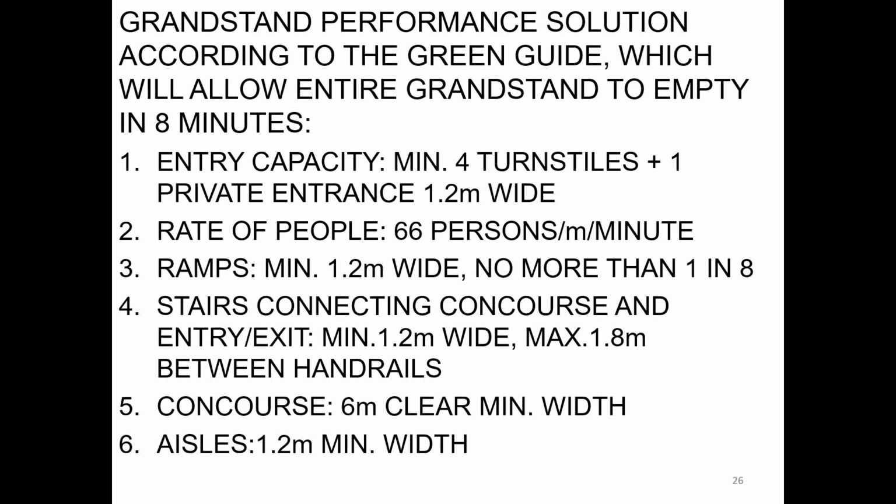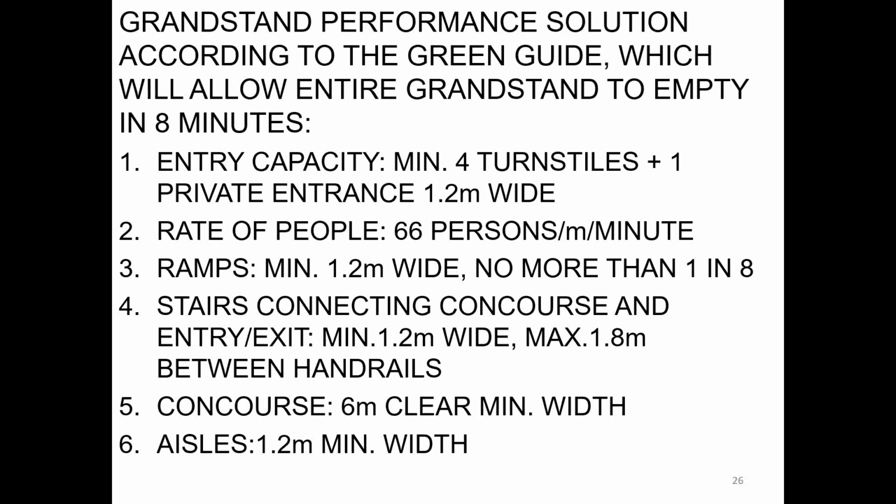Ramps are to be a minimum of 1.2 meters wide and no more than 1 in 8, and this is also covered in the NCC. And stairs connecting the concourse and the entry should be a minimum of 1.2 meters wide and a maximum of 1.8 meters between handrails.